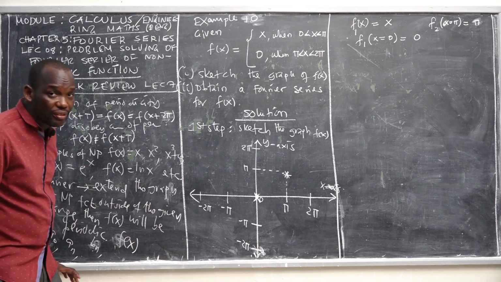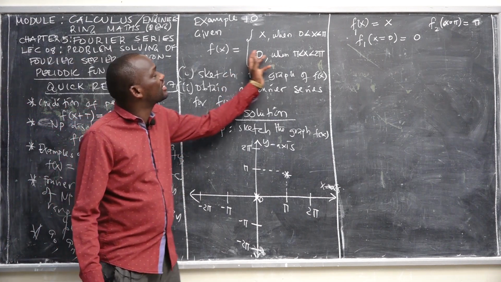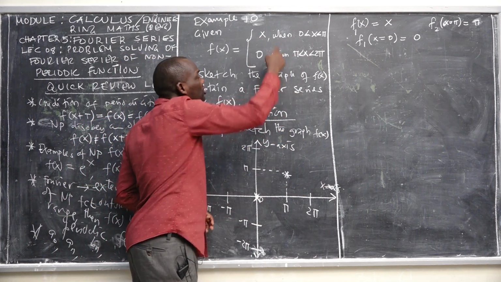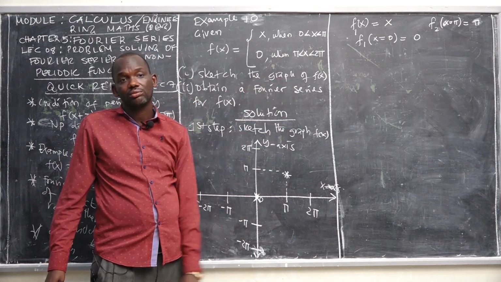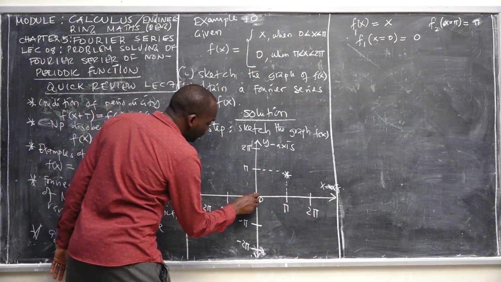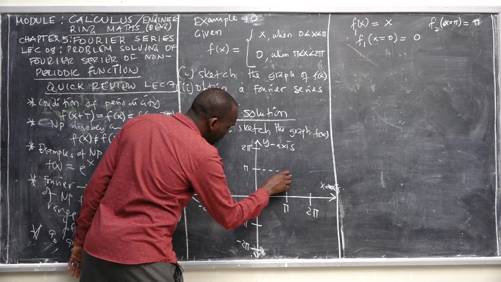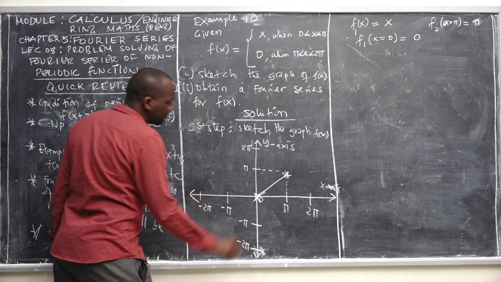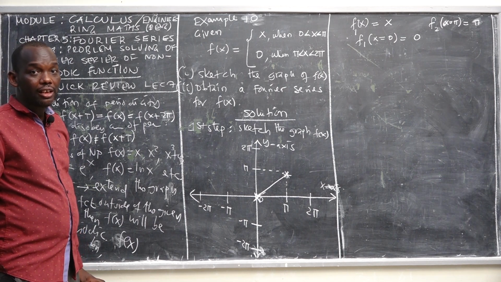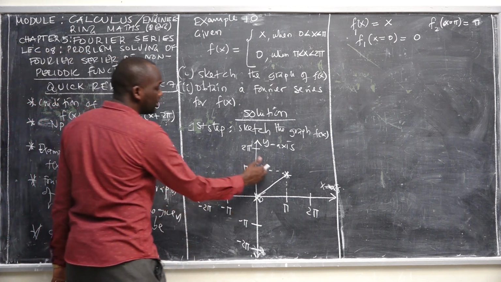From there, there's no need for you to go and sketch the second function. You can sketch on this function because this is the independent function. So how can you sketch it? You just join the first point with the second point. But this is still the half cycle.